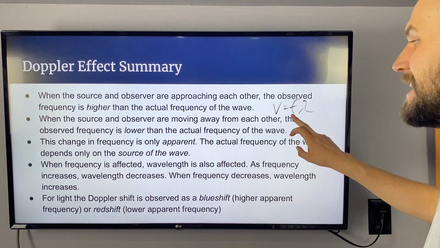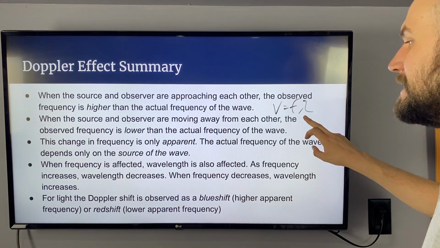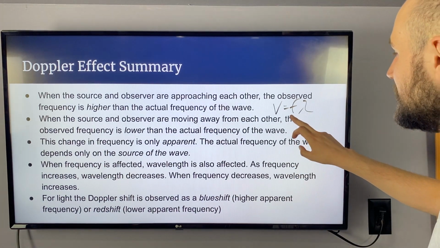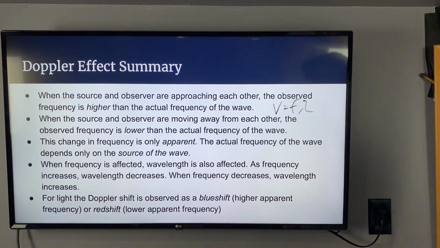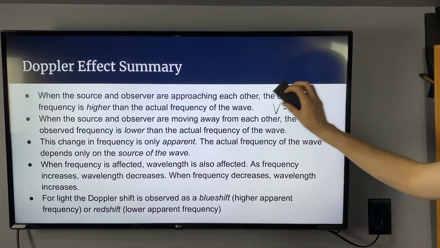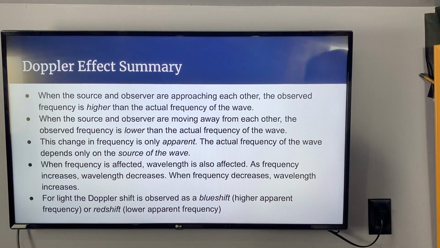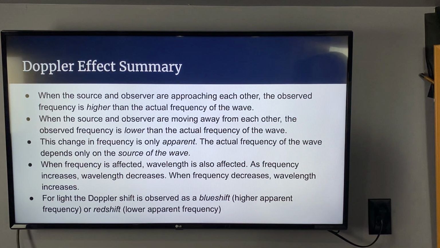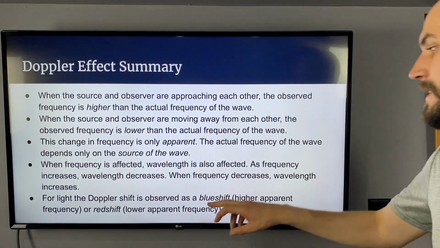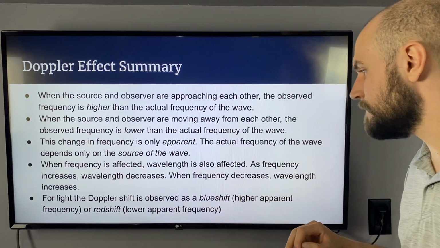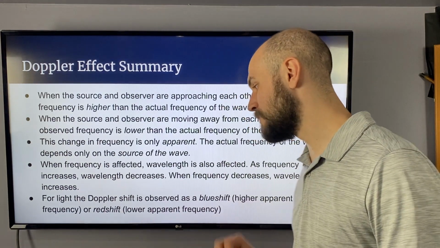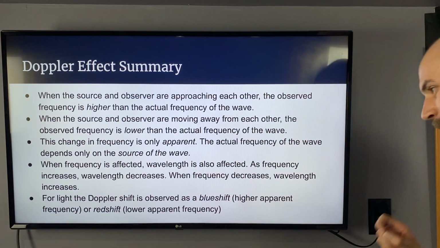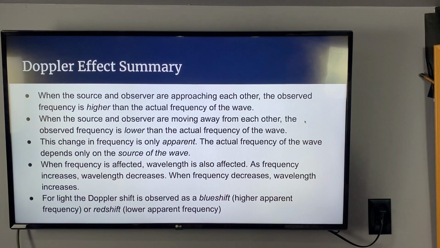As frequency increases, wavelength has to decrease. And when frequency decreases, wavelength has to increase. And when we're talking about light, the Doppler shift is observed as a blue shift, higher apparent frequency if it's heading towards us, or red shift, lower apparent frequency as it's moving away from us.